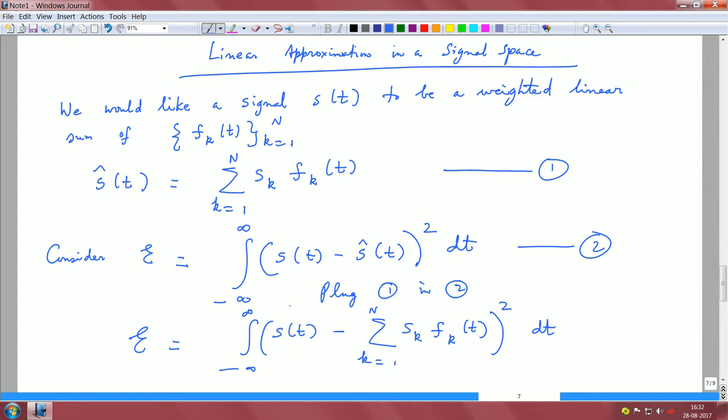So, you will have S squared of t, and then this whole term squared, right, a minus b whole square, you just have to expand this out.